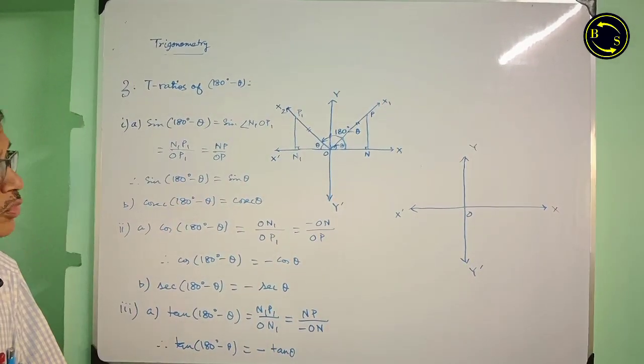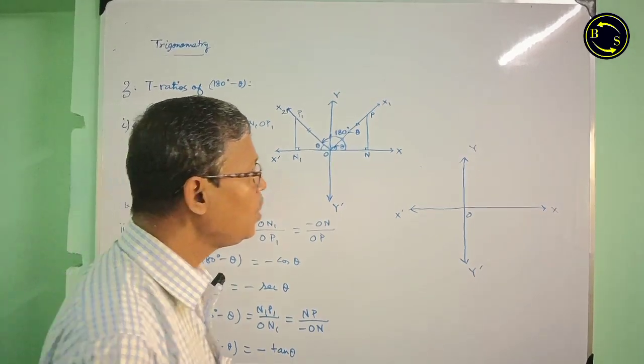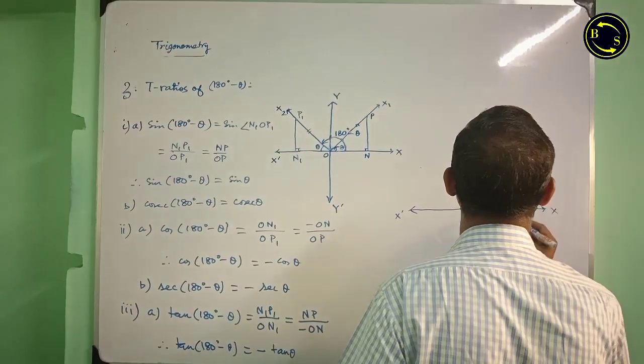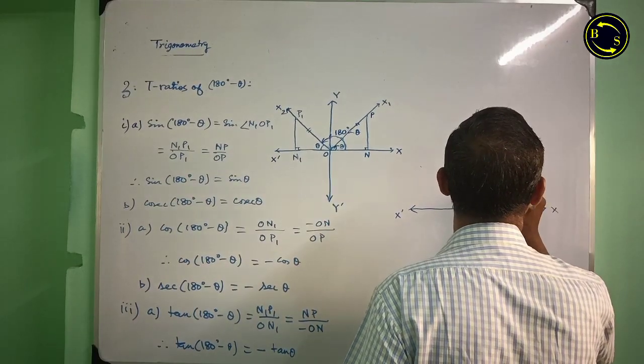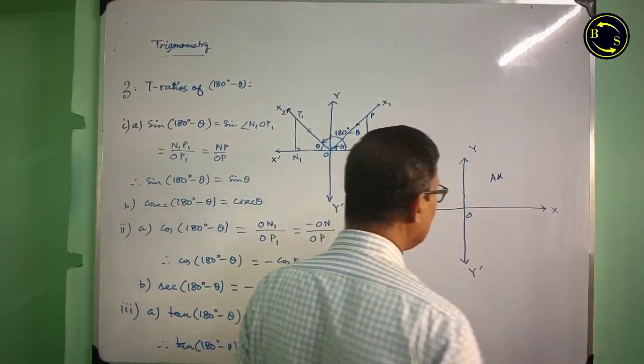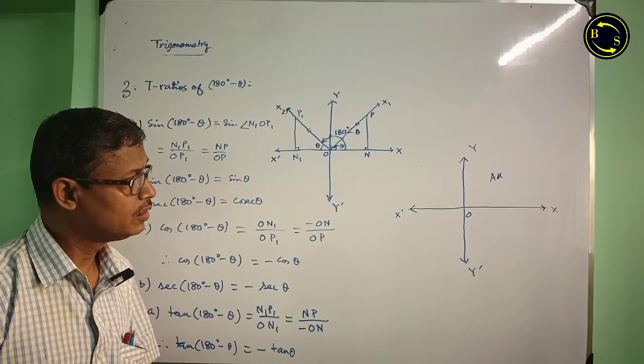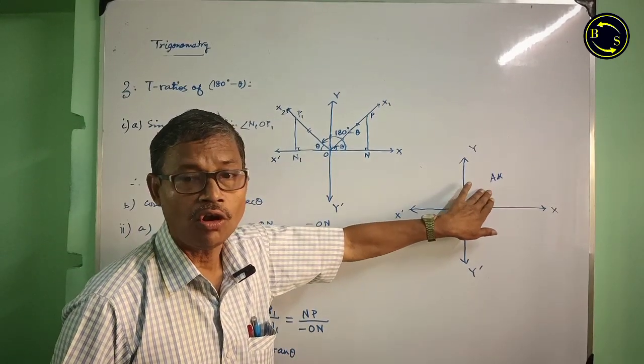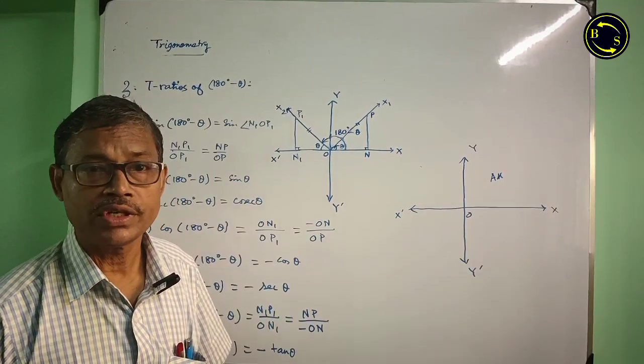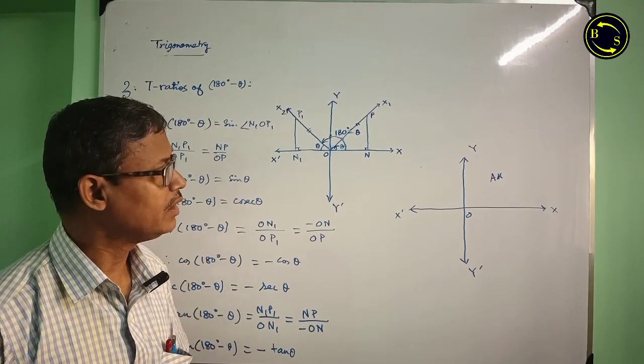Trigonometrical ratios of the positive acute angles will be positive, and that is indicated by all. In the first quadrant, I have mentioned all. That means all trigonometrical ratios will be of positive sign.